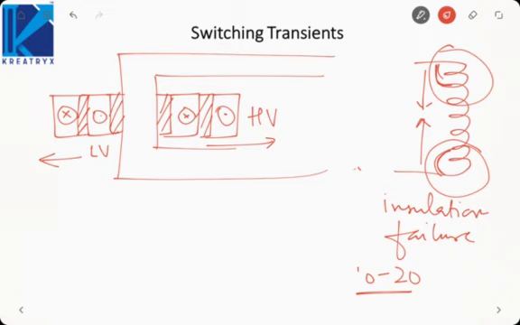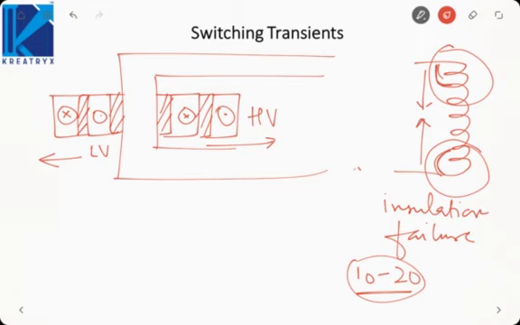But now, due to this transient behavior or due to switching transient, a very high current is flowing in the primary winding. That means this repulsive force also increases by a large amount. Since current is 10 to 20 times, this force will also become 10 to 20 times. And this current is restricted to the primary winding.